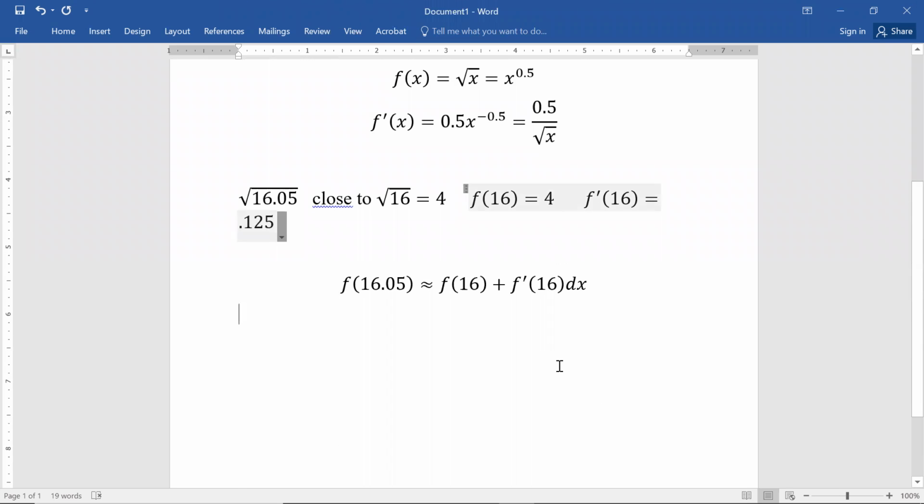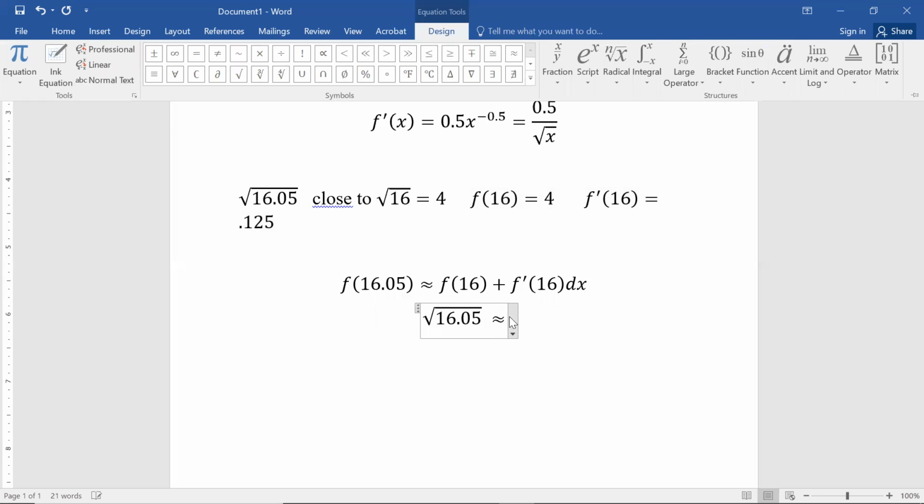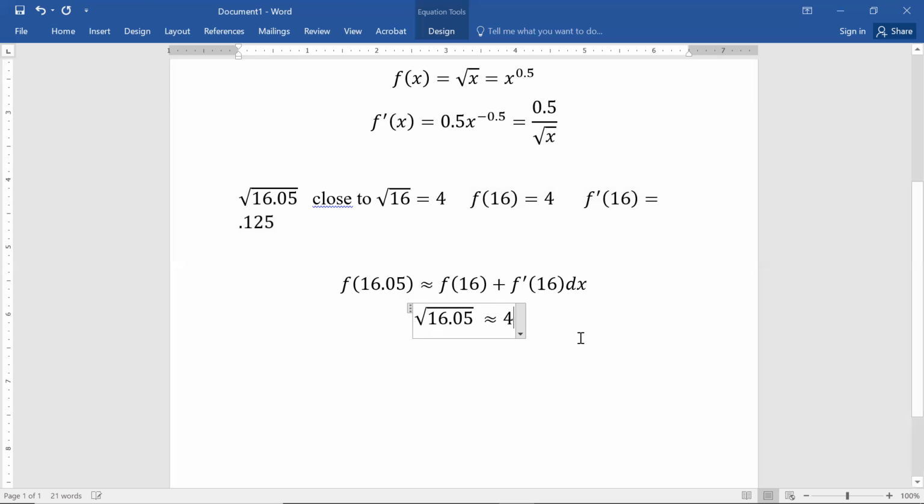In this case, the square root of 16.05 is approximately equal to f of 16, which was 4, plus f prime of 16, which was 0.125, times the change in x, which is 0.05.